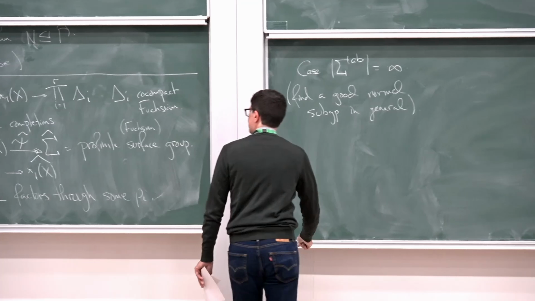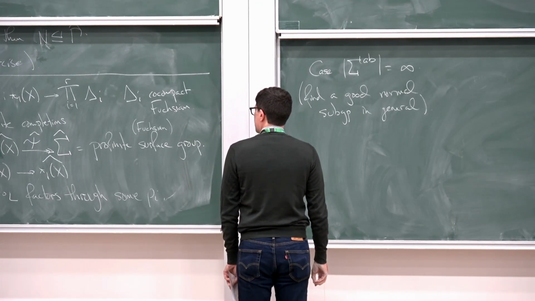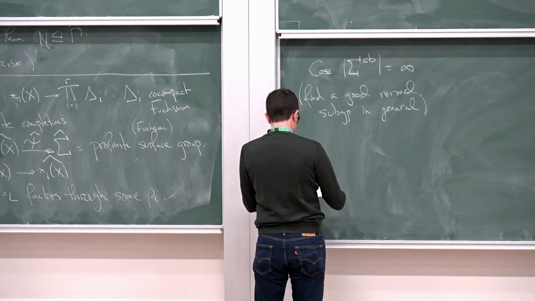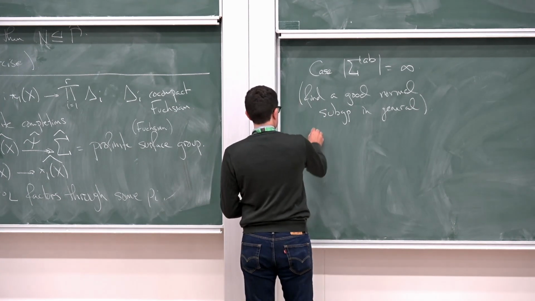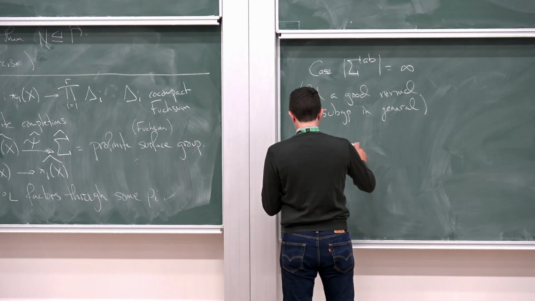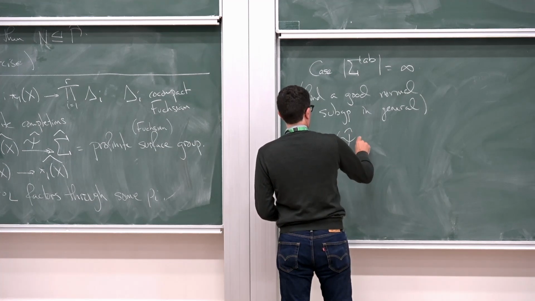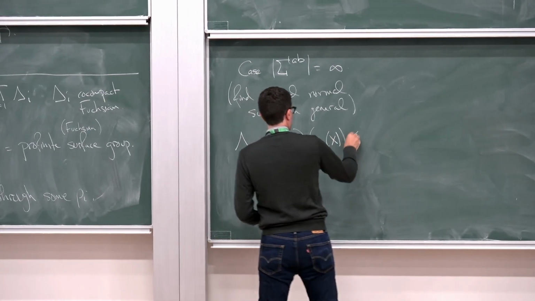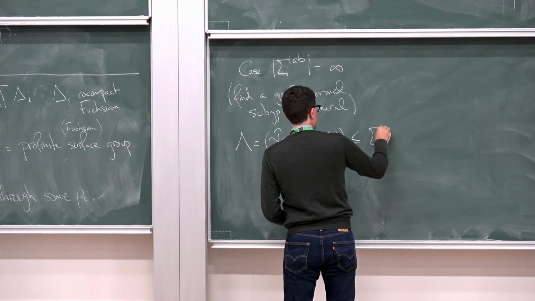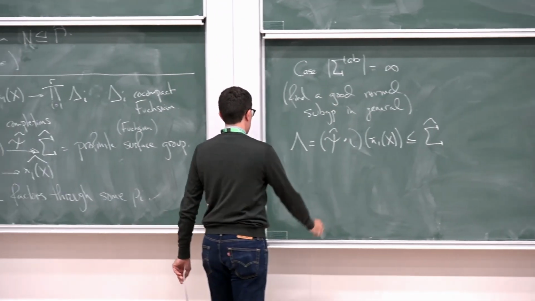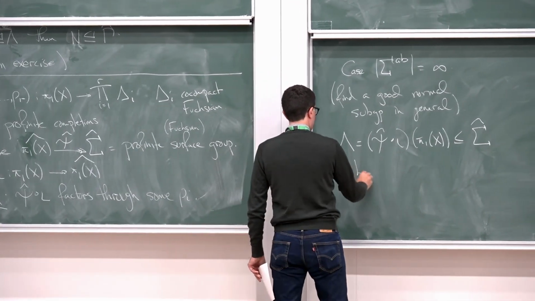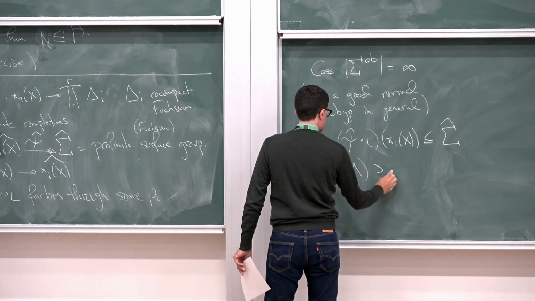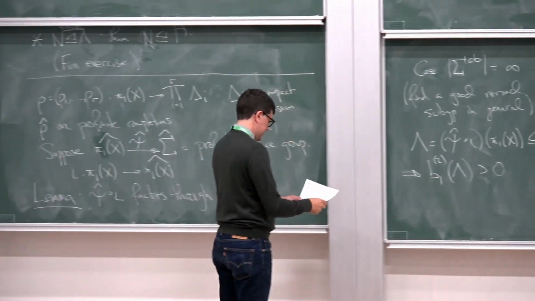Talk about the arbitrary case, but so the point is now we're going to put all these ingredients together. So let lambda be the image group, living inside this profinite surface group, but now we get that the first L2 Betti number of lambda is greater than 0.